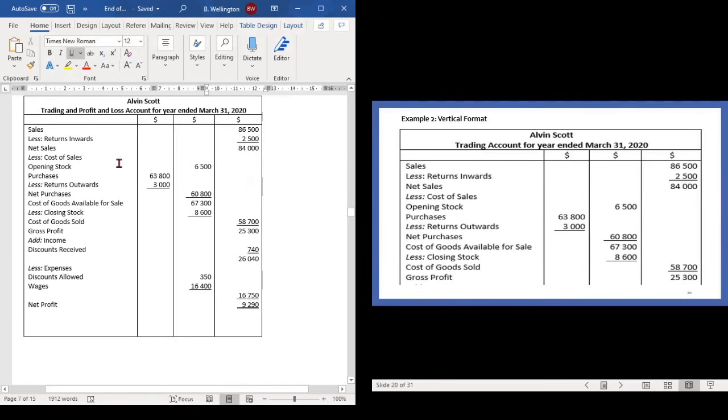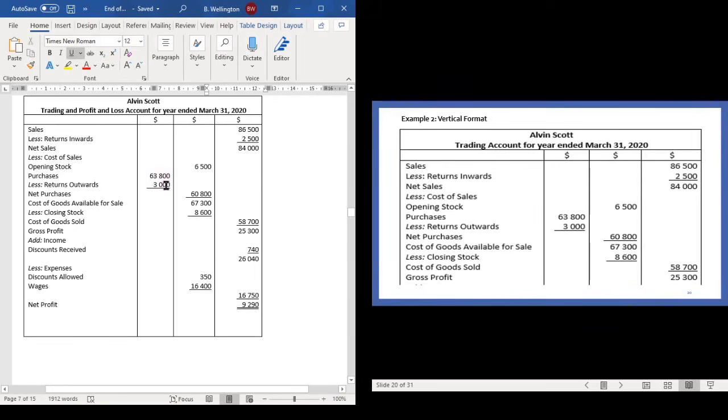The items are easy to see. You take your returns inwards from sales to arrive at net sales. You subtract your returns outwards from purchases to arrive at net purchases. If you had carriage inwards, which is the cost of transporting goods into your business, you would have added it to your purchases figure.